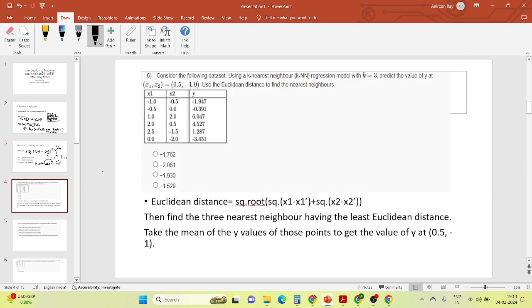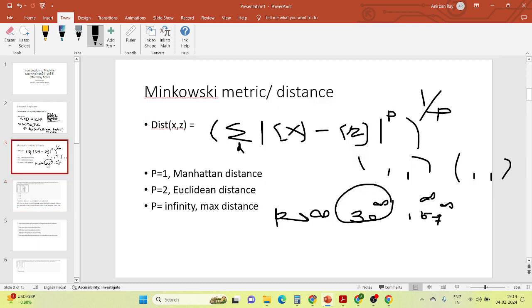Here x and z are vectors, and now x and z are components. Suppose this is 2, 3, 4 and this is 5, 6, 7. So it is 5 minus 2, where 5 is x and 2 is z, so it is 3.